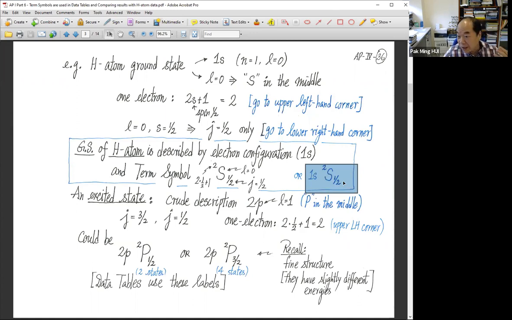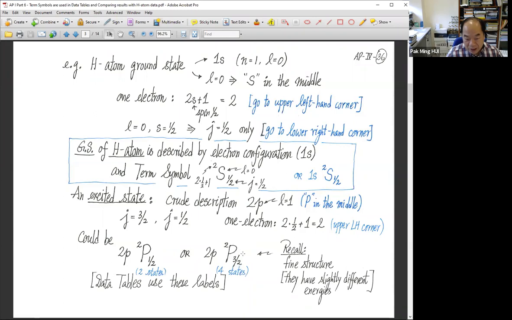If you go to the excited states, there will be many other term symbols for hydrogen. For example, 2p. P is L equals 1, and you represent it by a capital P. But then you have 2 J's. Therefore, you will have this and that, 2 sets of excited states.